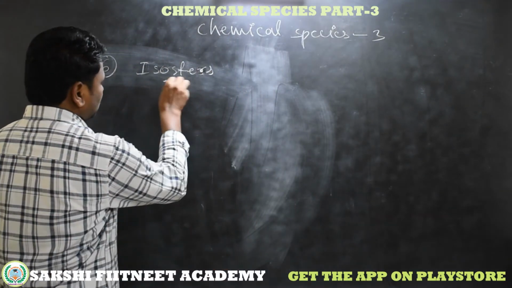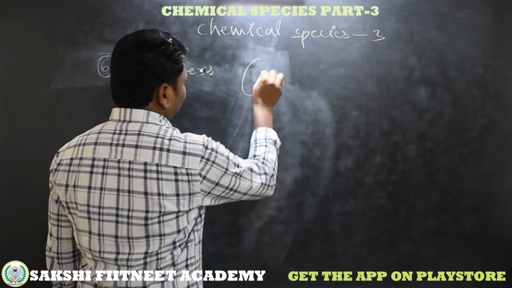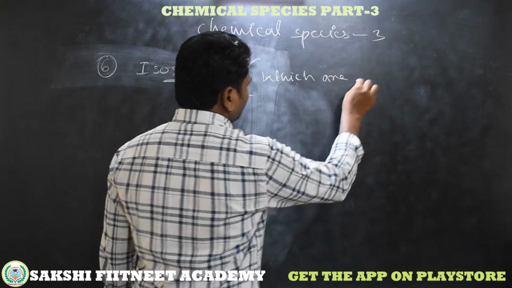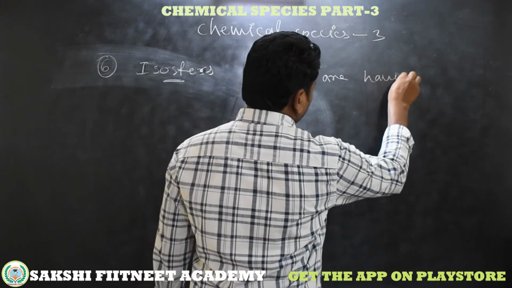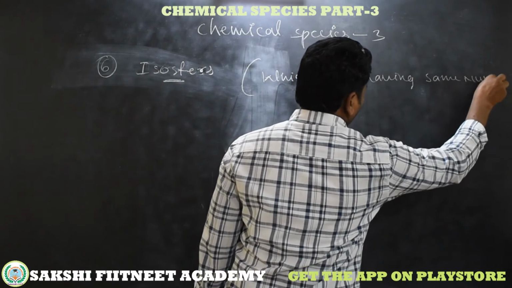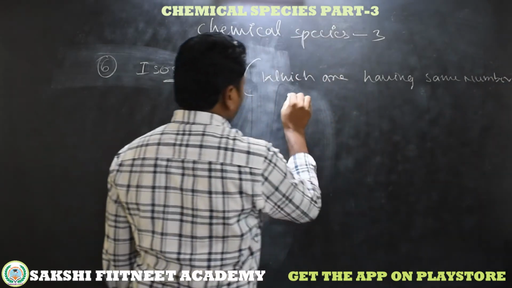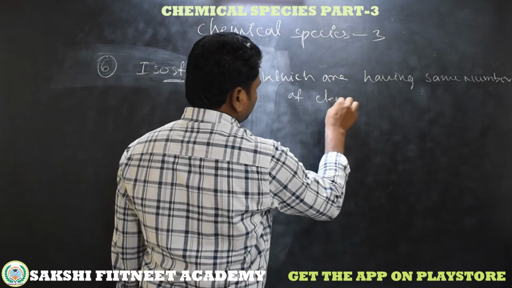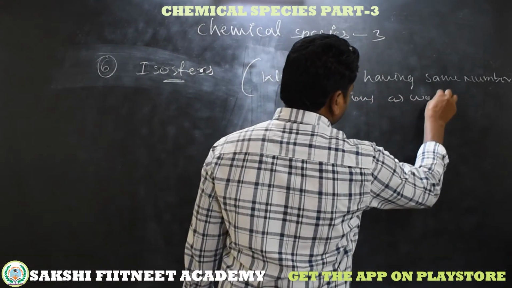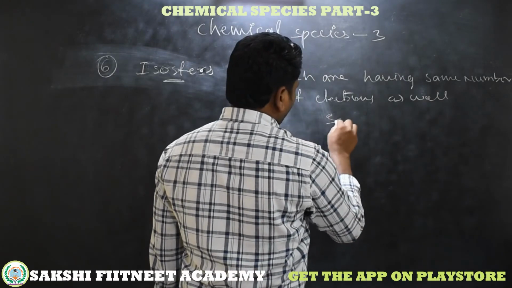Coming to isosters, the species which have the same number of electrons as well as the same atomicity.